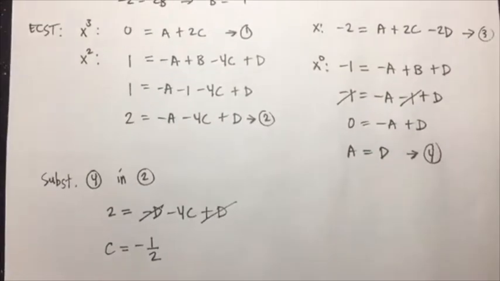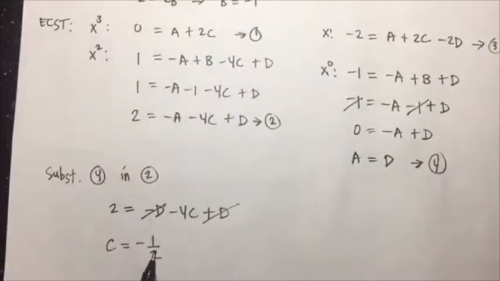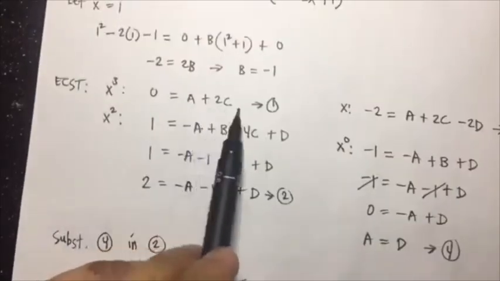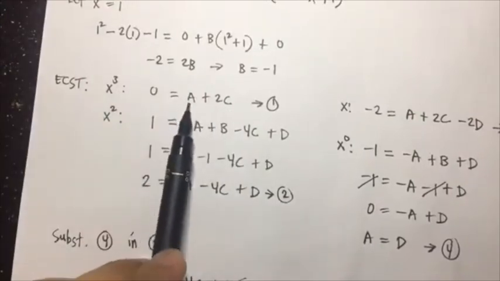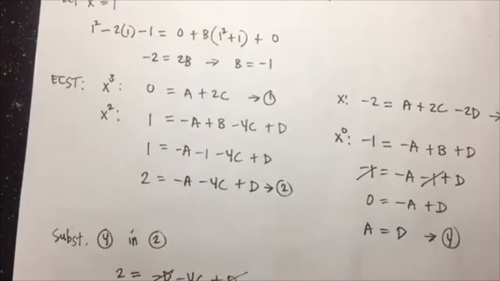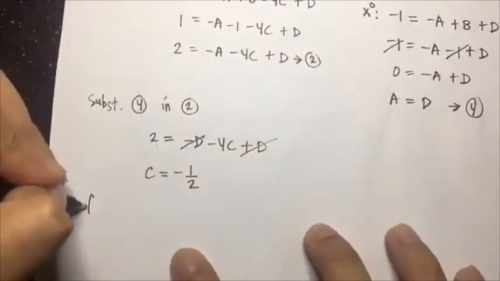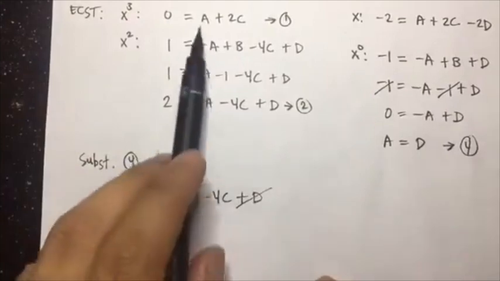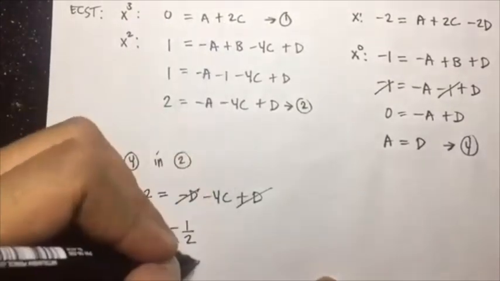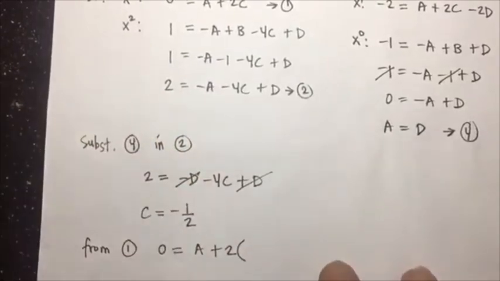Okay? So using equation 1, since we now have our c, we can now solve for a, and whatever value a is, it's also the value of d. So from equation 1, we have 0 is equal to a plus 2c. And our c is equal to negative 1/2.